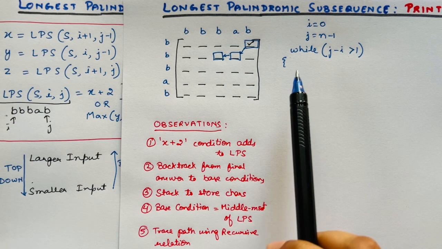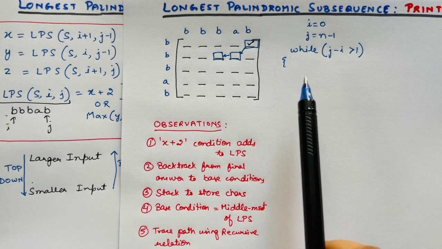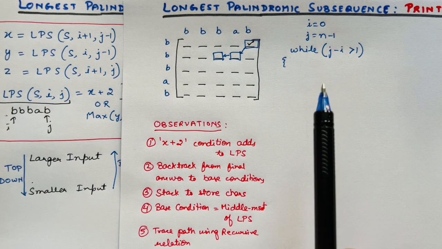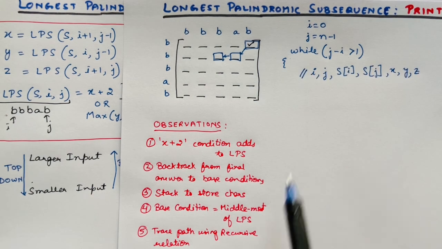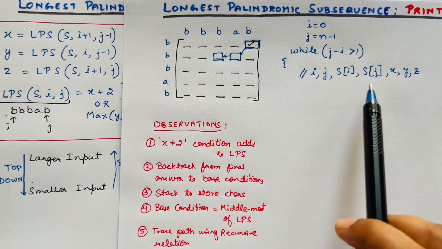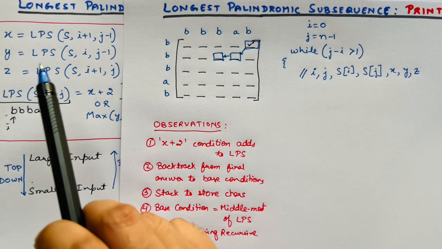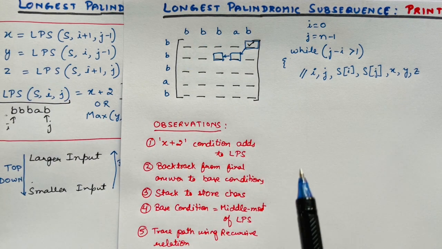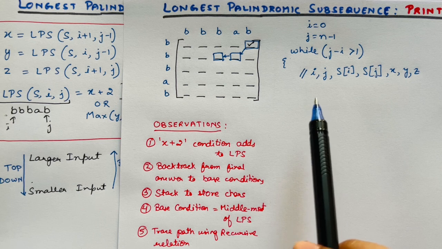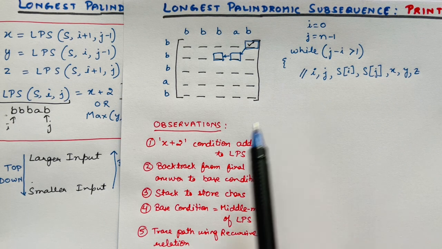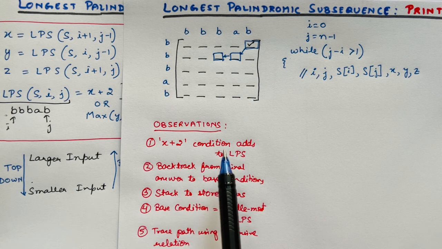Now, in every iteration, we will be at some i, j. What information will we have at hand? We will know i, j, si and sj, both the characters. We will also know the values of x, y and z because this matrix is already filled. Now, what is our aim in every iteration? In every iteration, we want to check if this condition held true.